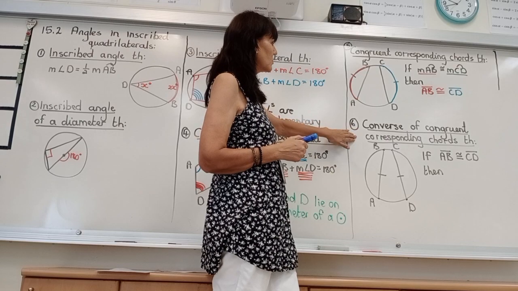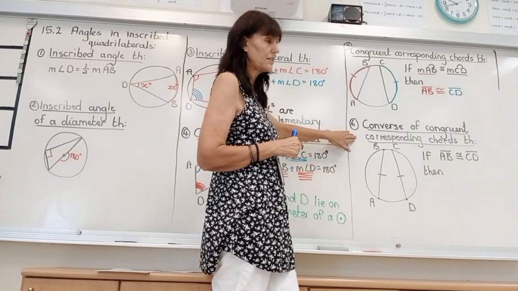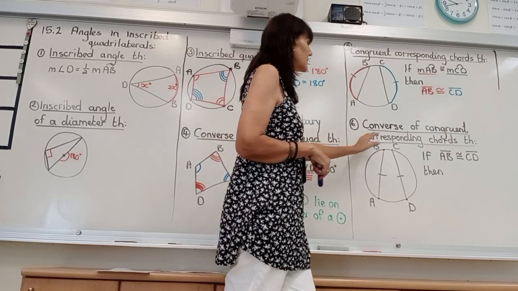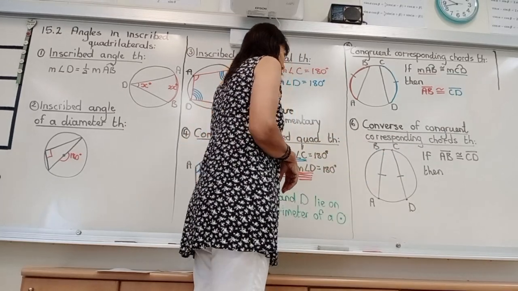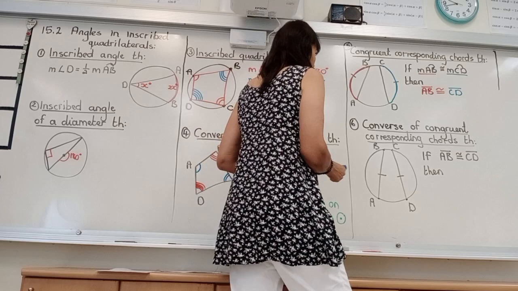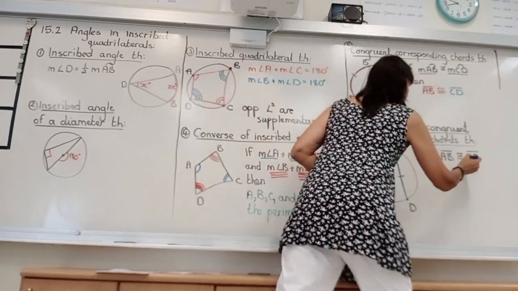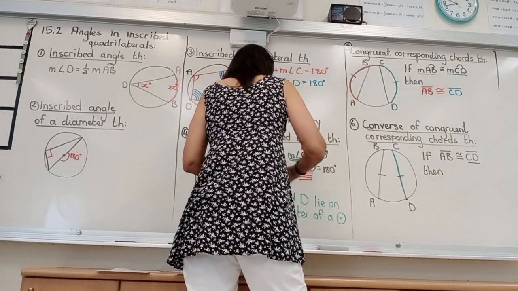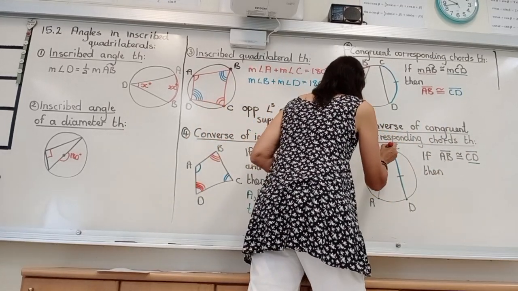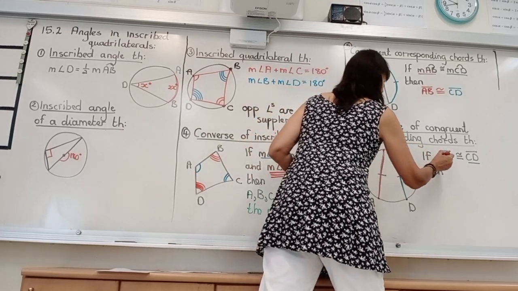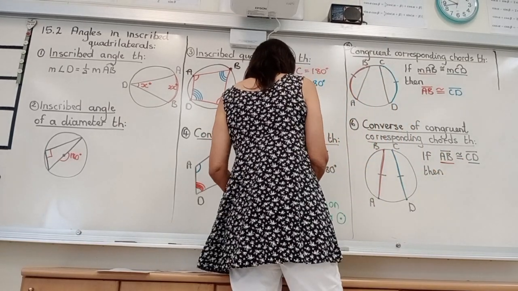The sixth theorem for this session will be the converse of what we have there. We still have a circle. This time we start by saying that this chord, the blue one, CD, is congruent to this chord, the red one. What can we state?